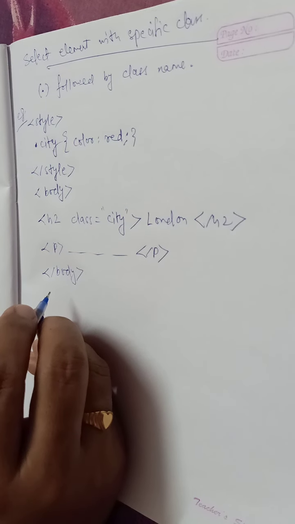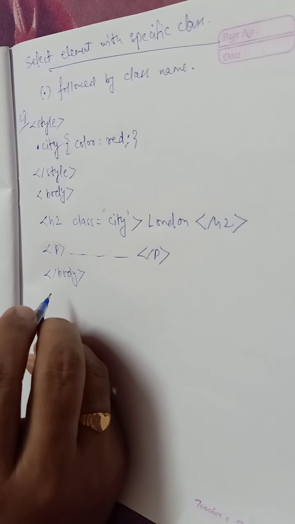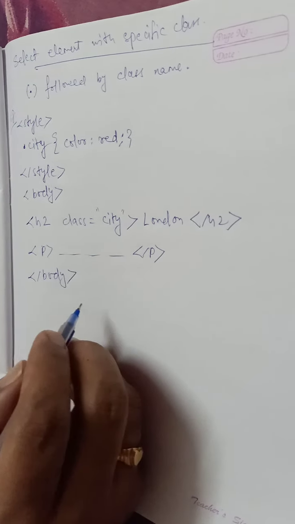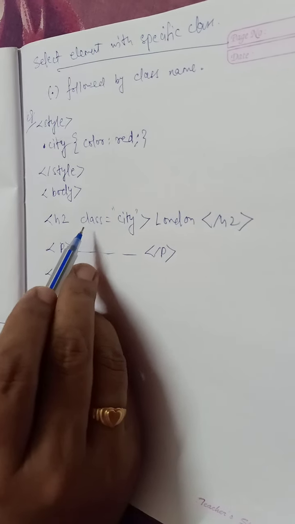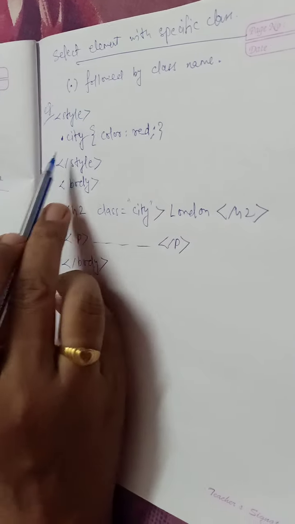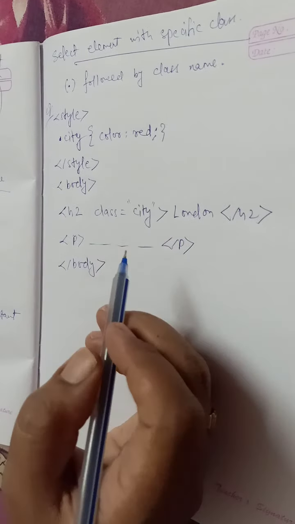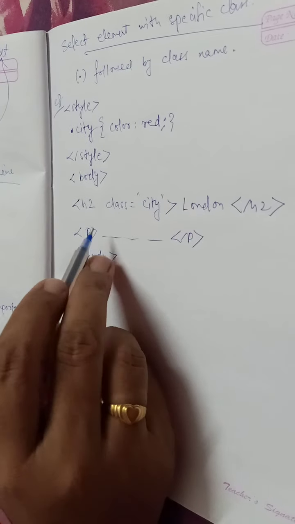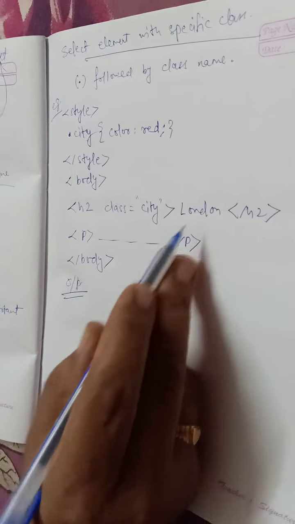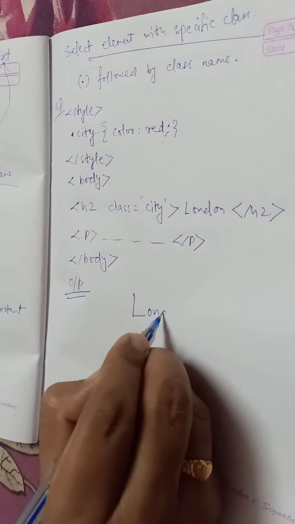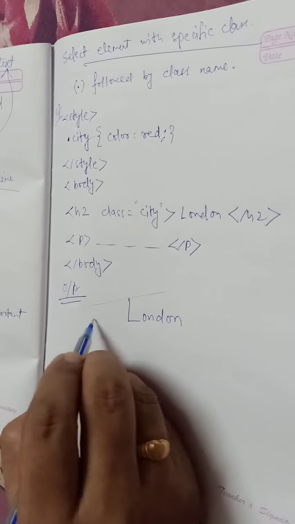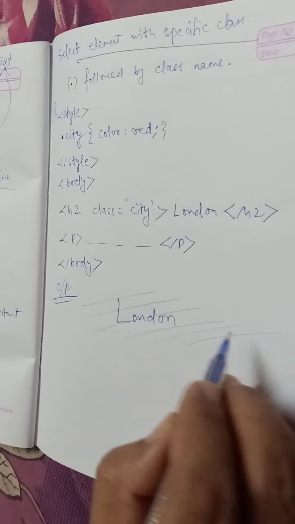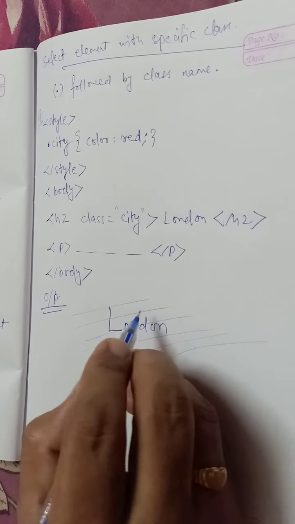So here what will happen, this class city that I have mentioned will be red. So my output will be this heading, that is London.